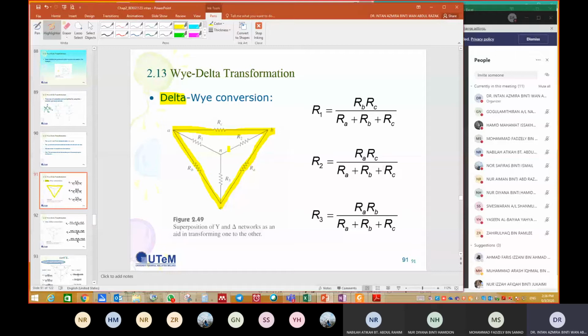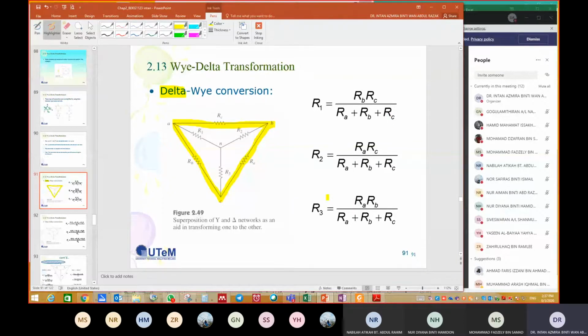Same goes for R2. R2 is equal to RC multiplied by RA, divided by the summation of all R at delta. R3 is RA times RB, the right side and the left side of R3, divided by the summation of RA, RB, and RC. This is the formula.